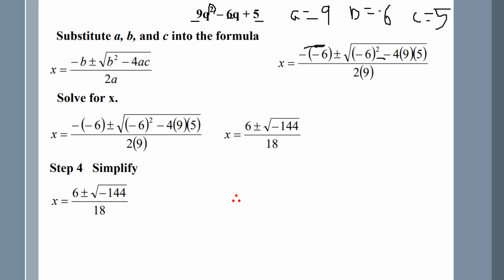That means you're going to have 2 imaginary solutions. So when you do that, you can simplify stuff. So the answer you should get is plus or minus 12i inside the radical, 6 over 18. This is not your final answer because you can simplify this a little bit more.